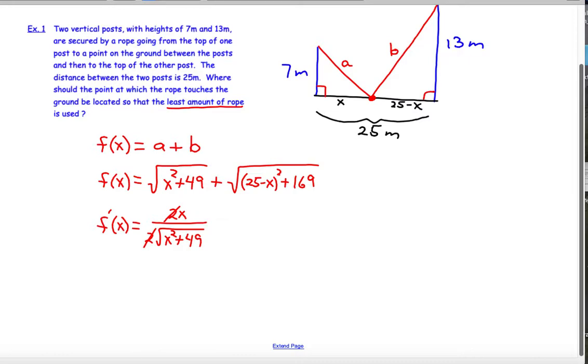For the next one, with the chain rule, we're going to have 2 times 25 minus x to the first power, and then another chain rule times the derivative of 25 minus x, which is a negative 1, and then 2 times that giant square root, 25 minus x squared plus 169. And the 2's, once again, will cancel there. So we want to set this equal to 0 and solve that.